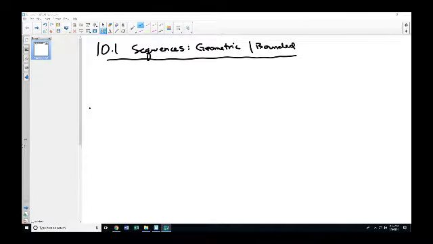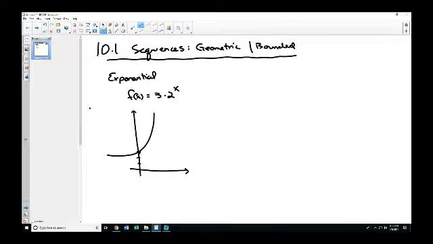They have the same format. So if I gave you an exponential, it might look something like that, right? And the graph looks something like this, right?